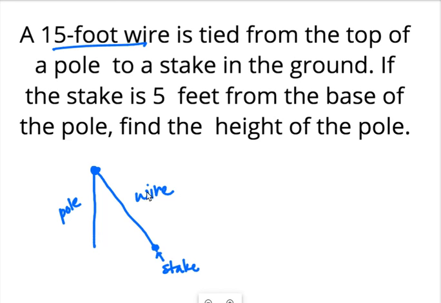There's my stake in the ground. This is my wire. This is my pole. This right here is the ground.